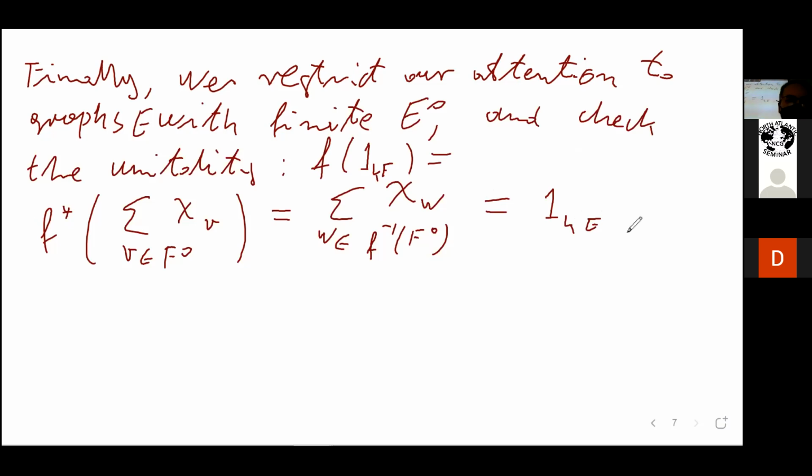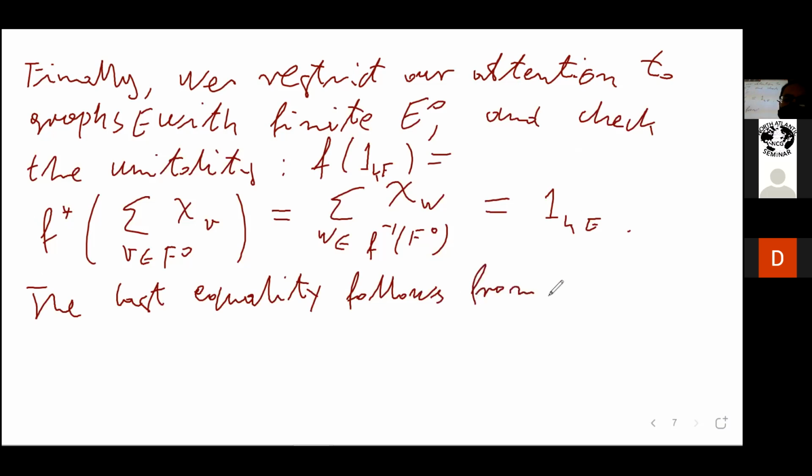And the last equality follows from the fact that the preimage under f of F0 is the whole E0.